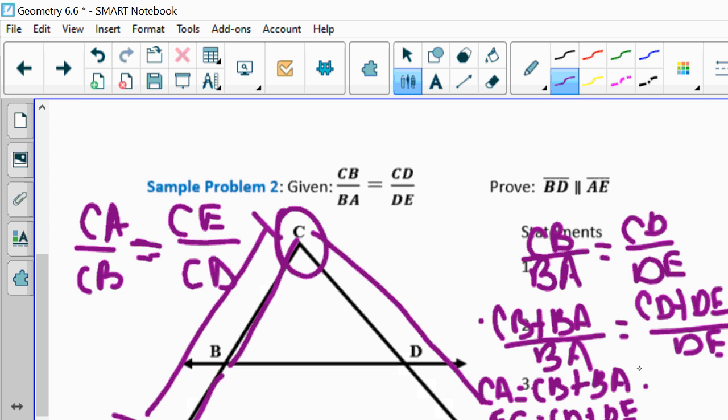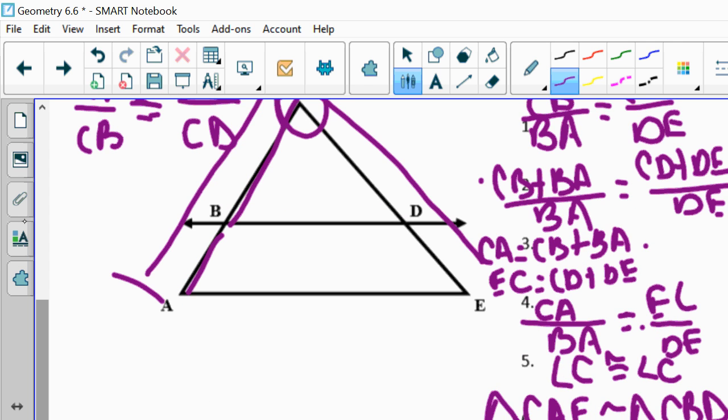If I know that the triangles are similar, then I know all of the other parts, right? Then I know that this angle is congruent to this angle, this one is congruent to this one. So now I could say angle B congruent to angle A, angle D congruent to angle E, by the definition of similar triangles.